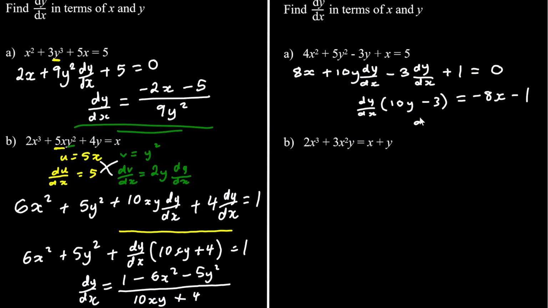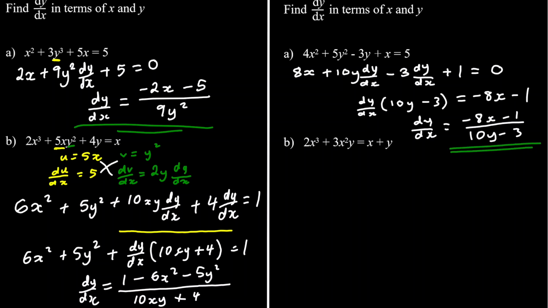And then get dy dx by itself. So I've got negative 8x minus 1 over 10y minus 3. It might be nicer if we multiply top and bottom by negative 1. So we don't have these negatives, but I'll leave it like that for now.